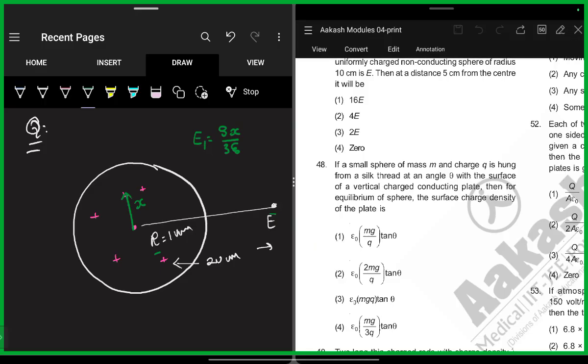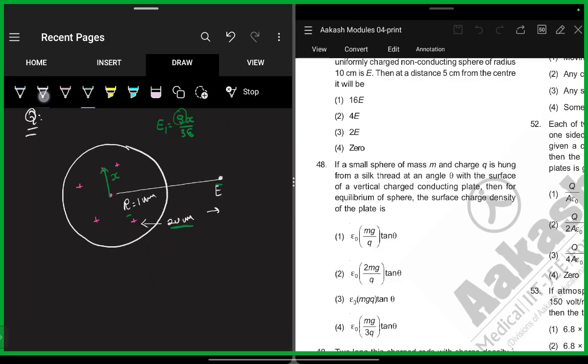We don't know what rho is, so we can find it by using this electric field, which is at 20 centimeter. Let's say its charge is Q, and we can define Q as rho V. So due to this charge at 20 centimeter distance, or at capital R1 distance, electric field is simply KQ divided by R1 square.